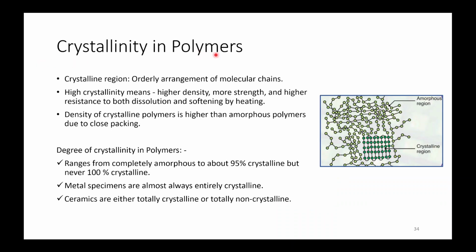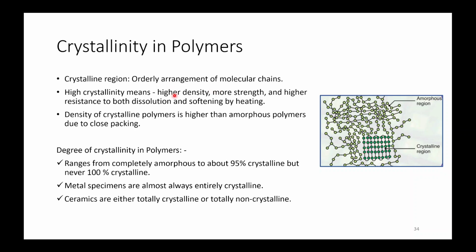Now, crystallinity in polymers. A crystalline region can be defined as an orderly arrangement of molecular chains. High crystallinity means higher density. If it is crystalline, these chains will be aligned, so it will have very good packing in that particular area, leading to very high density.